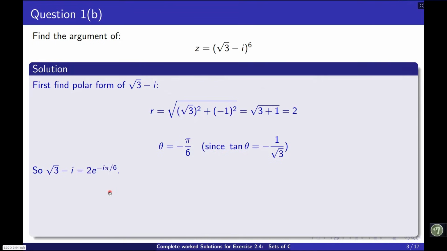Then the Euler form of radical 3 minus i is equal to 2 times e to the power of minus i pi over 6.